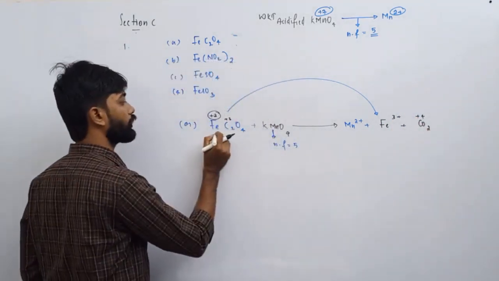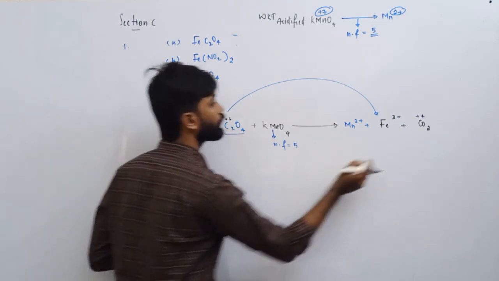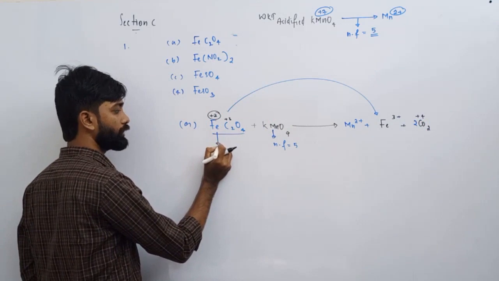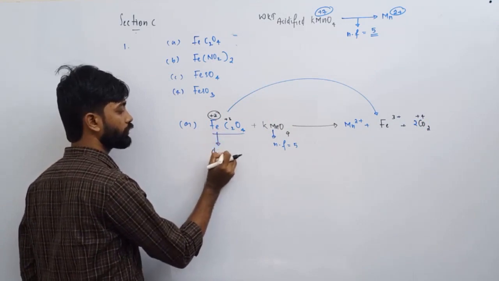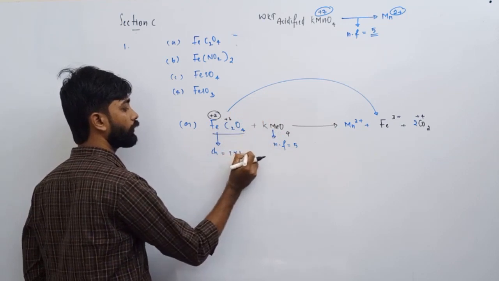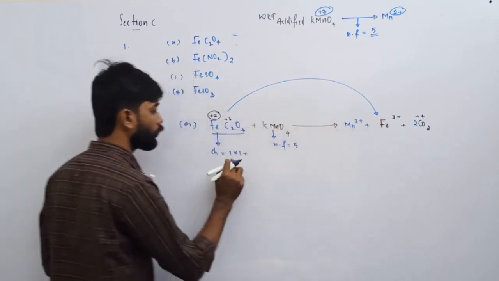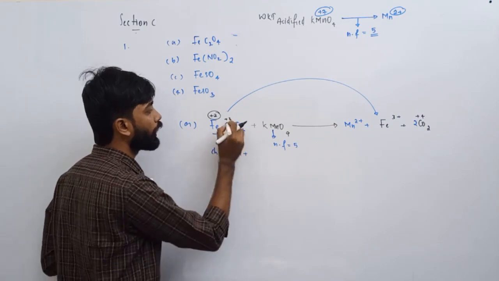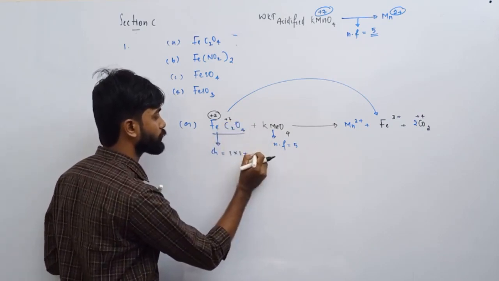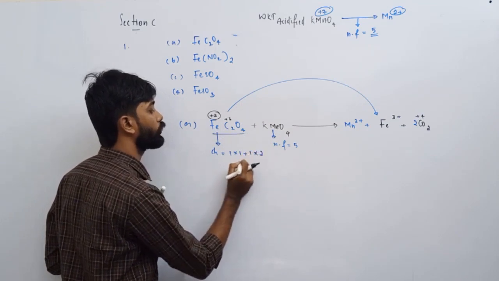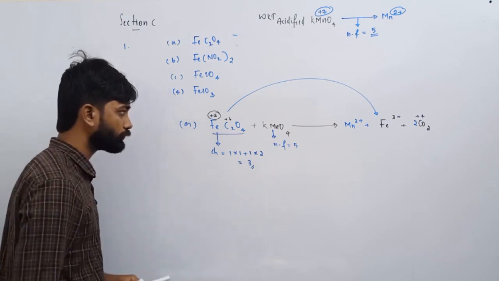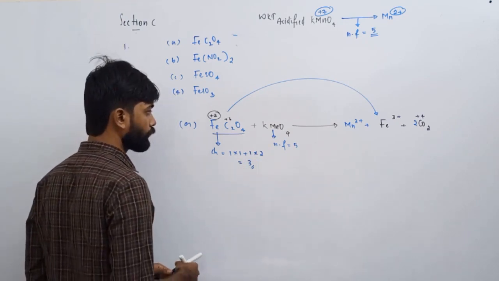So the total n factor: we have 2 carbon. The change for iron is 1, +2 to +3, and the number of iron is 1. Moreover, the change for carbon is 1, +3 to +4, into number of carbon 2. So the n factor is 3, right? Yes, n factor is 3.